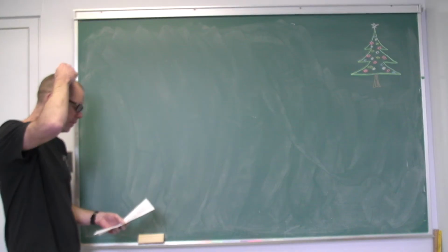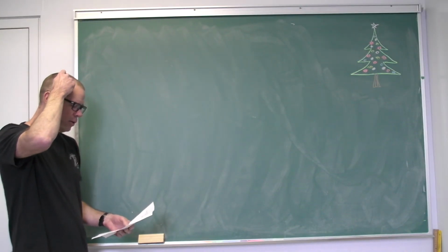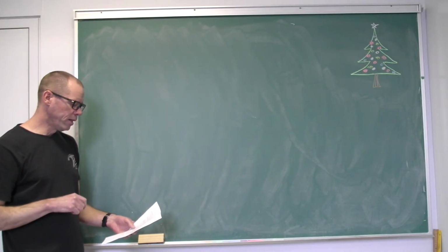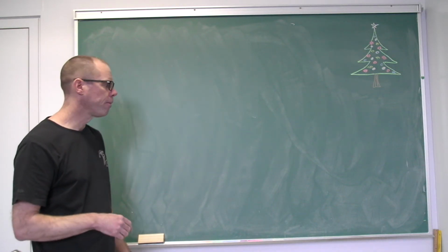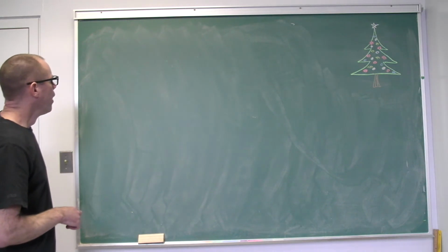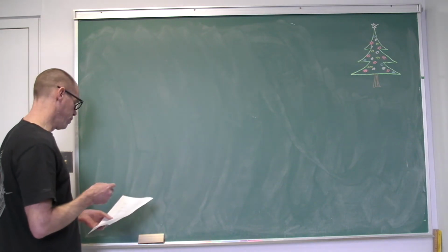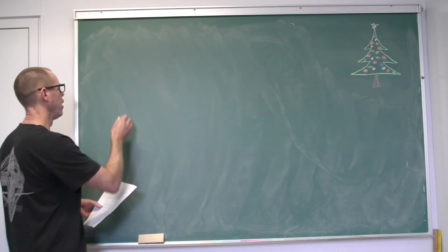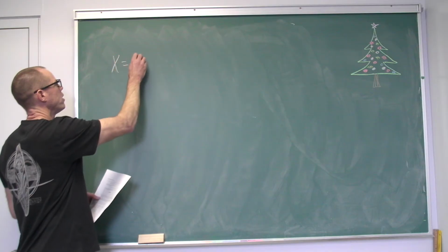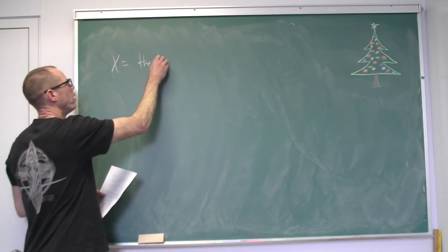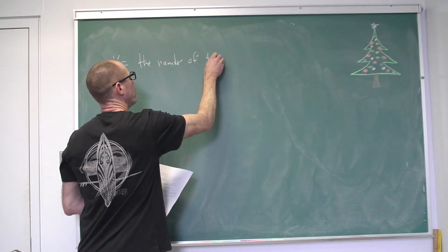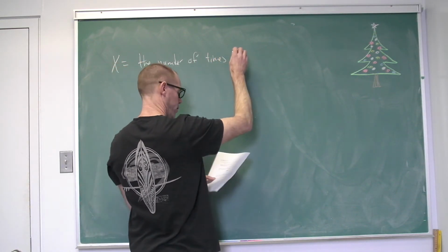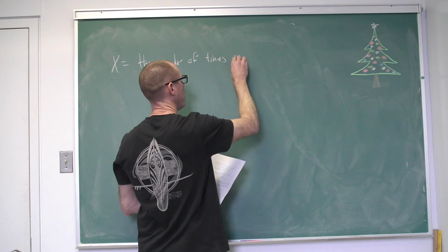Okay? And you do this until the sum of the 2 numbers is equal to 7. Okay? All right. And now you say, well, X is equal to the number of times you do the experiment.